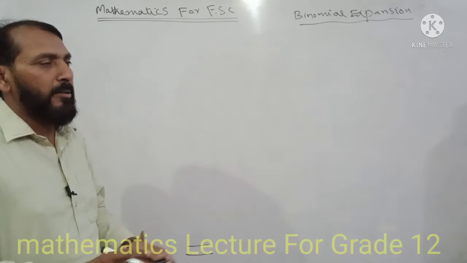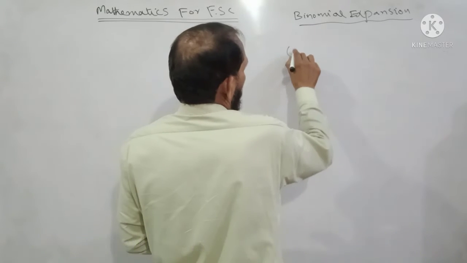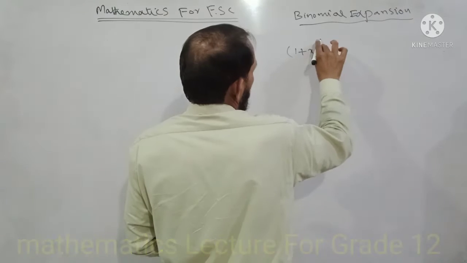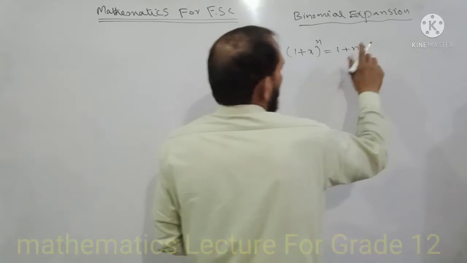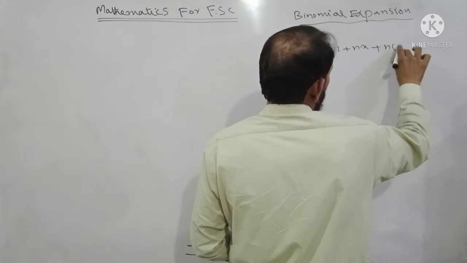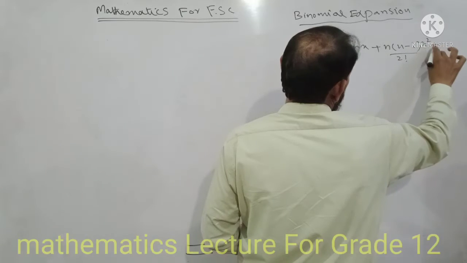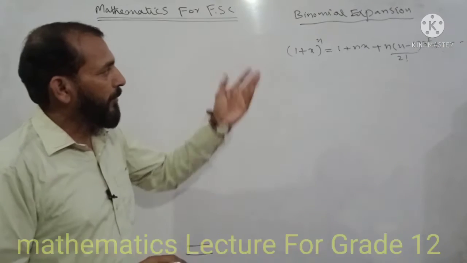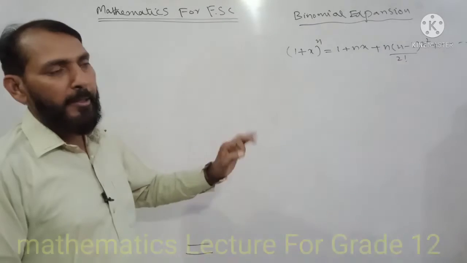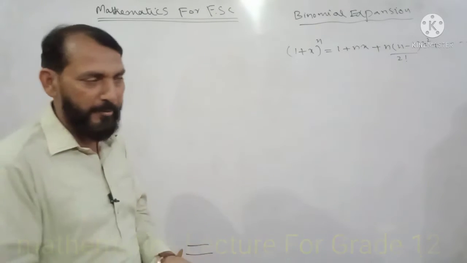The formula for the binomial expansion is this: (1 + x) raised to power n is equal to 1 + nx + n(n - 1)/2! x squared + and so on. This is the expansion of the binomial. We use this formula in this question to find the derivative. Okay.